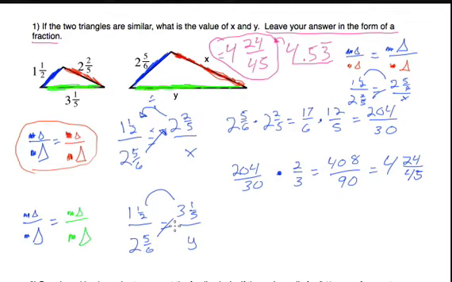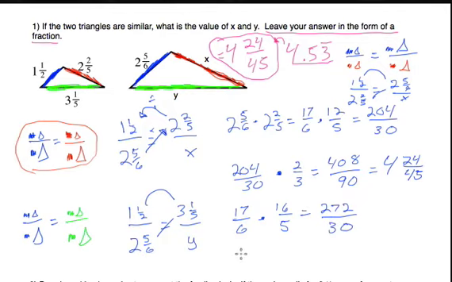I'm going to turn these mixed numbers into improper fractions. 6 times 2 is 12, plus 5 is 17. That's 17 over 6 times 16 over 5. And then 17 times 16 is 272 over 30.